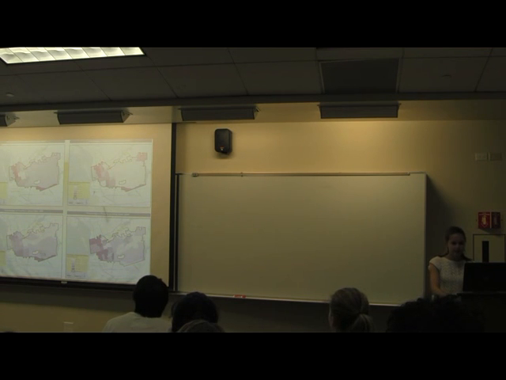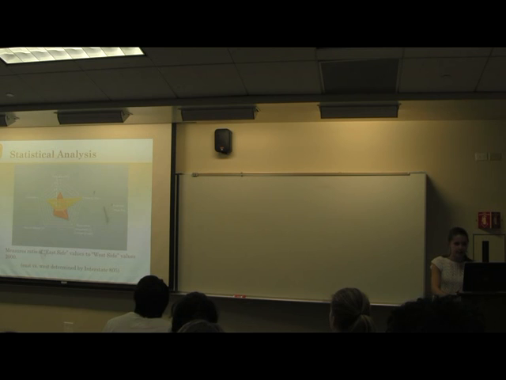They had several of these maps, and then they also did statistical analysis. This is a star chart where they're showing the east versus west, a lot of interesting results, especially in the poverty area, with the west side having significantly more poverty than the east.